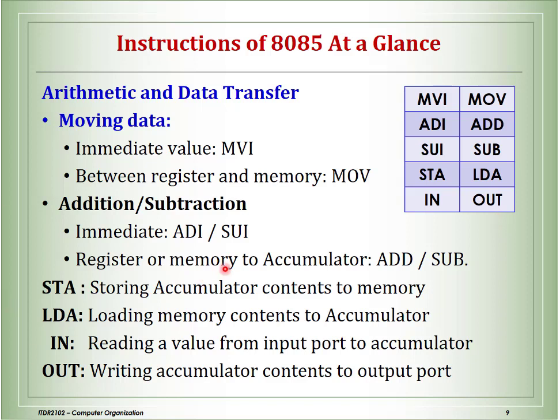Now these are the instructions. STA means store accumulator contents to the memory, LDA loads memory contents to the accumulator. IN and OUT are basically the instructions for input and output ports, to read data from the port or to write data to the port.